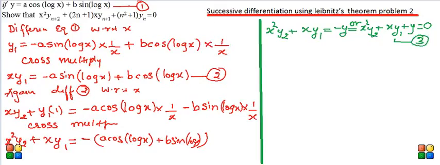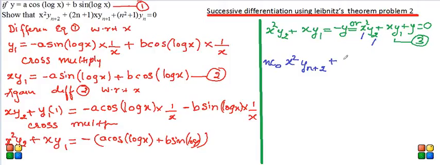When we apply Leibniz, as a rule, we know x square y2. In this case x square is a function of x and y2 is a function of y, and we start with the similar rule. We will add nC0 to the first term. nC0 is 1, x square function of x as it is, y2 n differentiations are carried to y2 to become y(n+2).